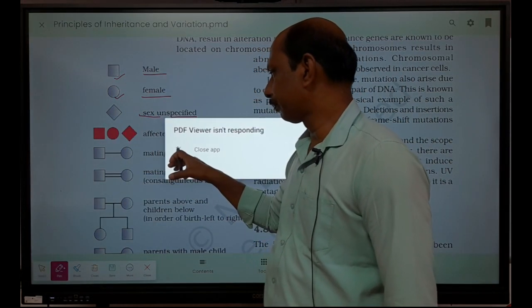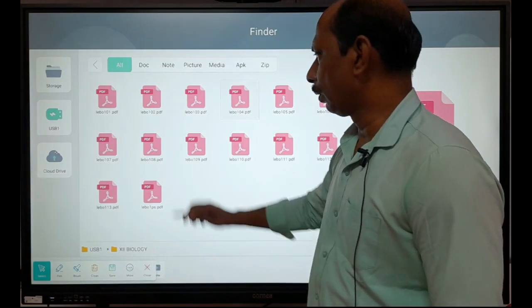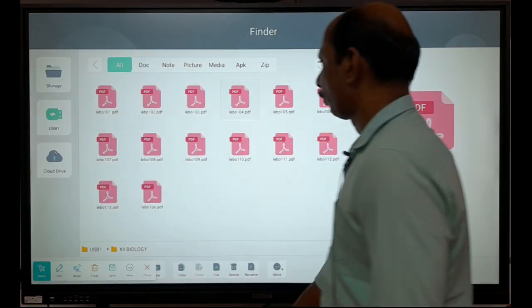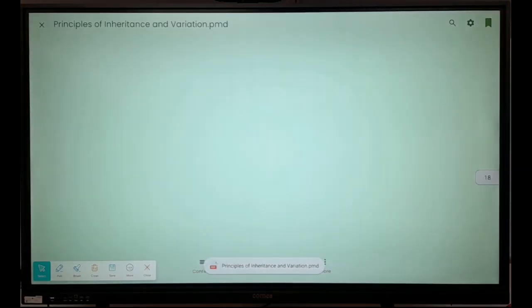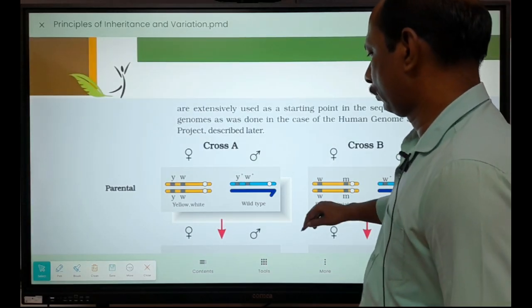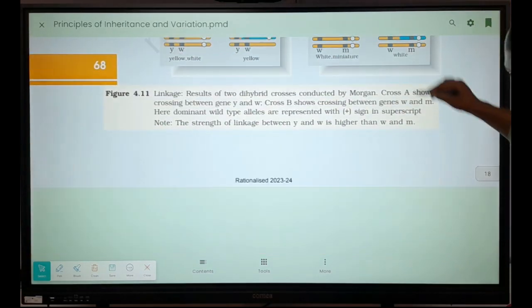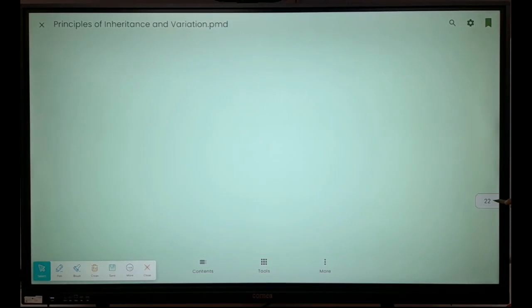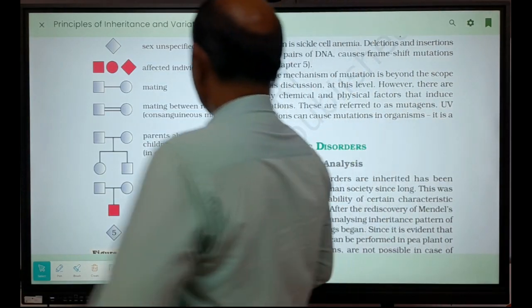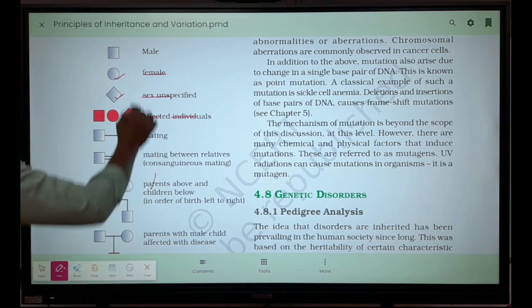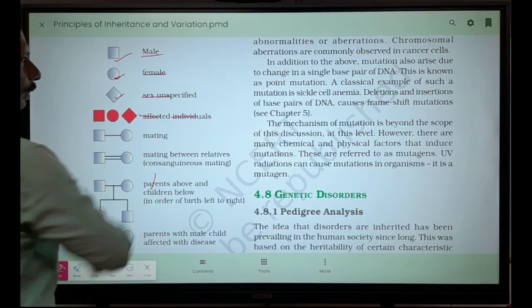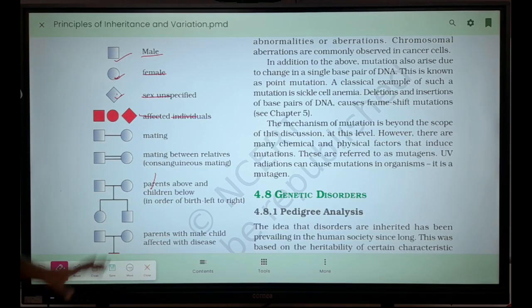Affected individuals. That one is male, a square; female means circle; unspecified is a rectangle.